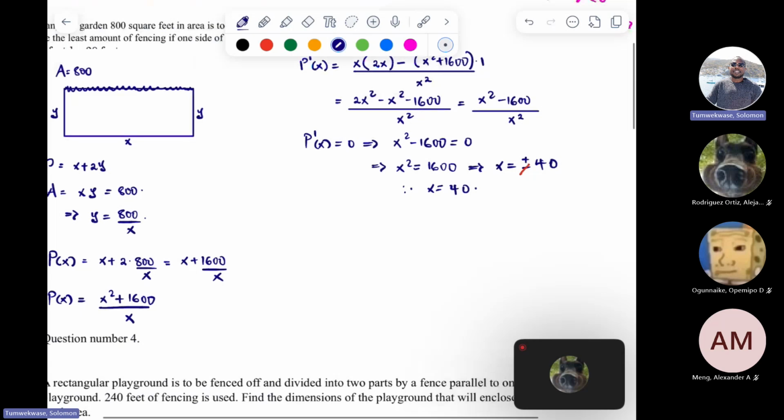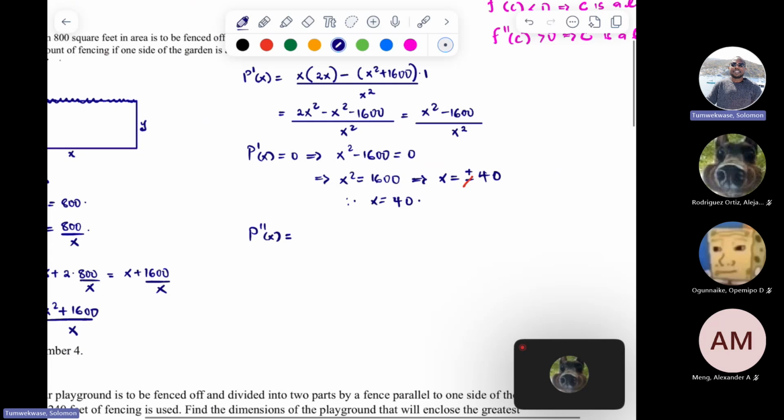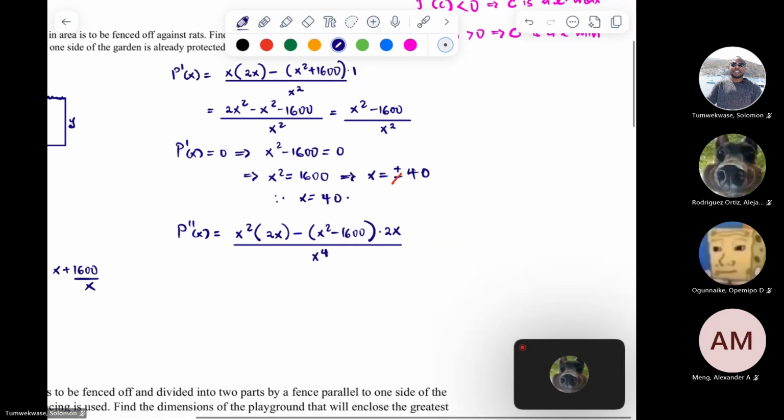Okay, so when I take the second derivative of this function, I'm differentiating this again, quotient rule, x squared times 2x minus x squared minus 1600, then times 2x, then the whole of it over x to the power 4.